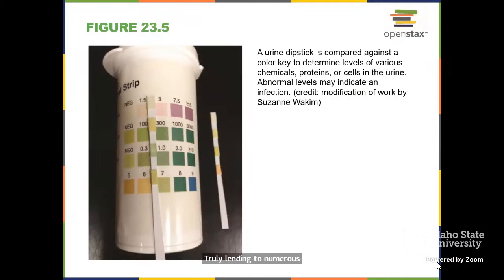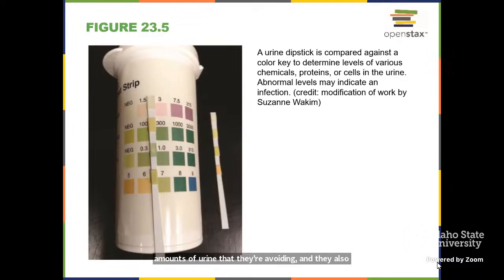I don't know if they still do this, but in A&P labs, they used to do some urinalysis where they would group students up and some would get just regular water, some would have salt water, and others would have distilled water, and they drink stuff and measure amounts of urine that they're voiding. And they also did some of these dipsticks to see some of the details about that.